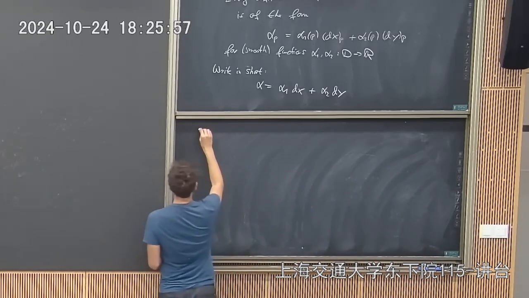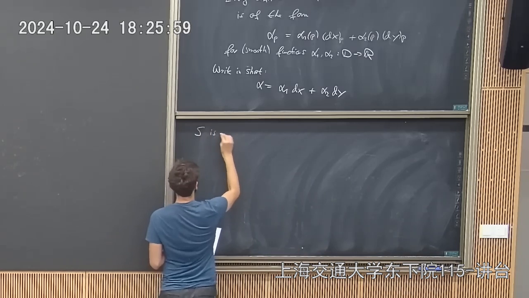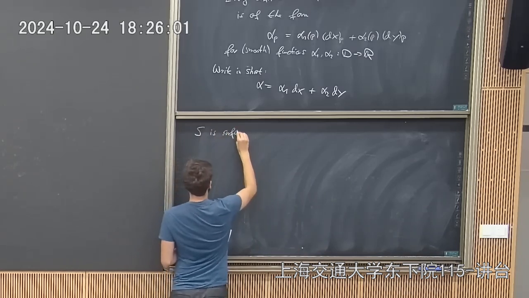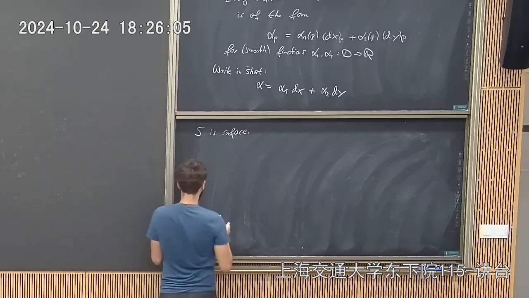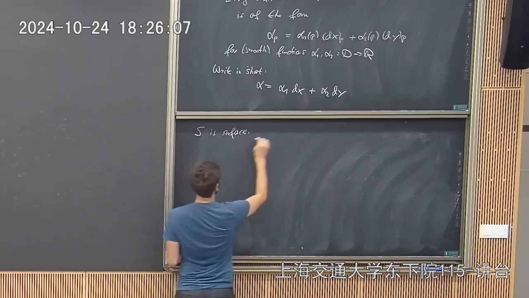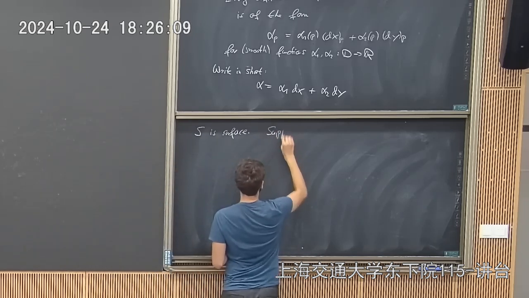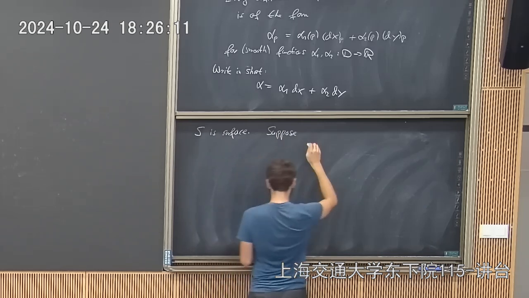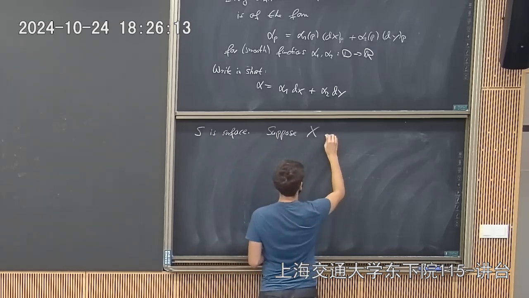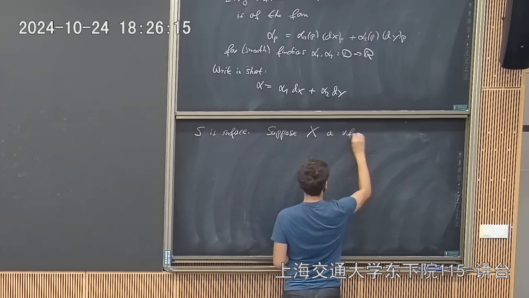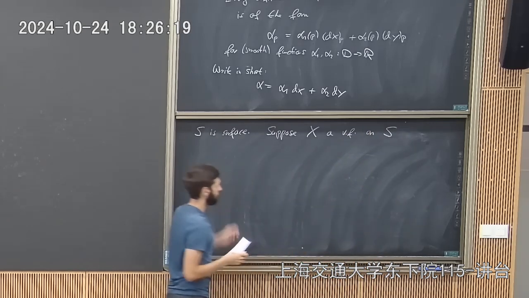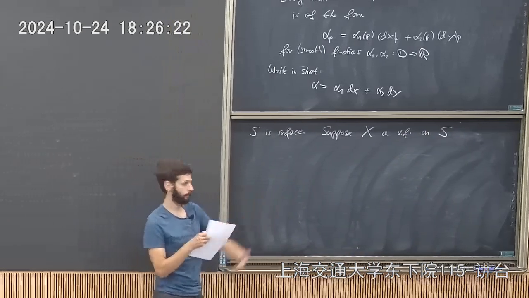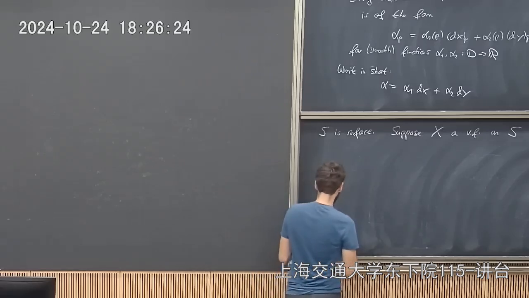So we are back to the setting where S is some surface. Suppose that we have X, which is a vector field on the surface. So that means for every point of the surface we have a tangent vector at that point.